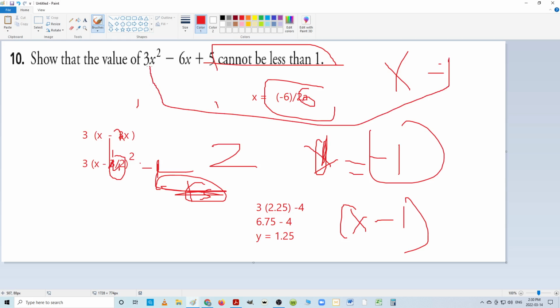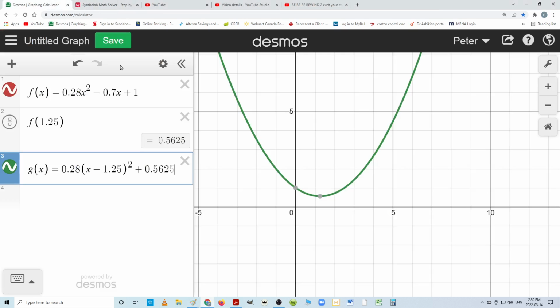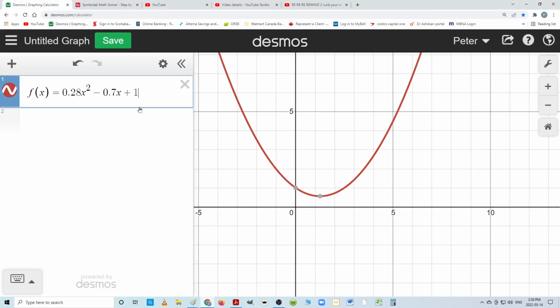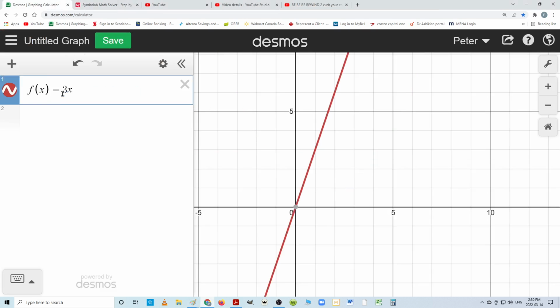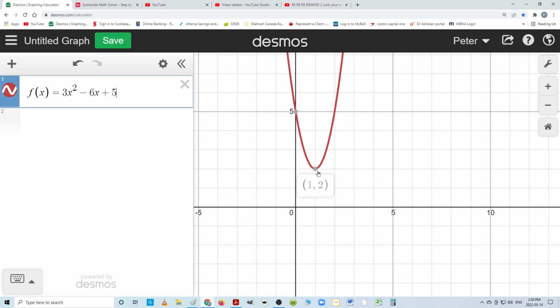So if I look at this and put it in here, 3 minus 6 minus 3 plus 5, it's 2. So I'm going to hit minus 1 comma 2. If I put this into the Desmos, I can see that's true as well. Well, it's 1 comma 2. 3, minus 6 plus 5 is 2.